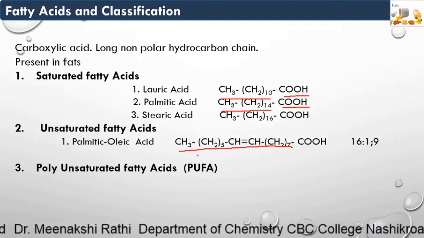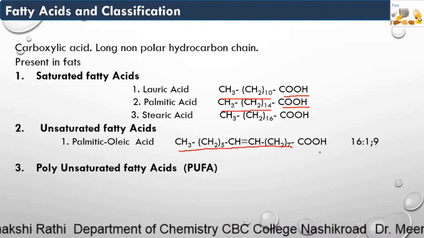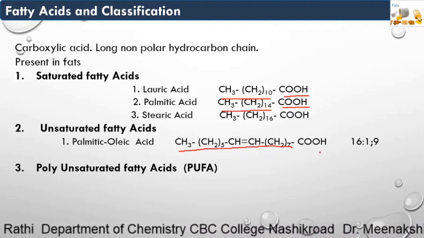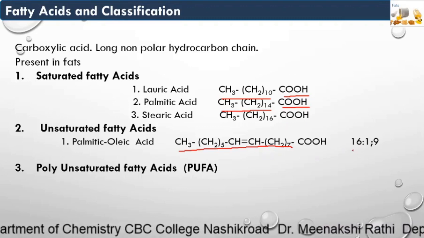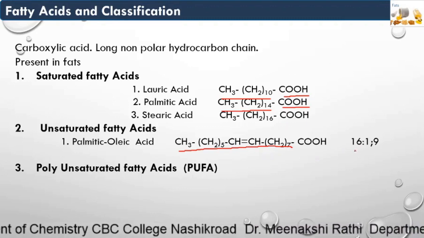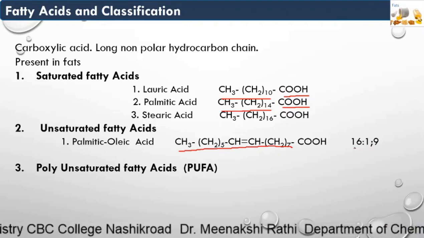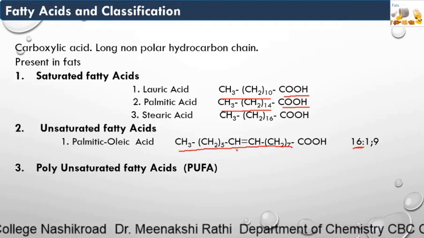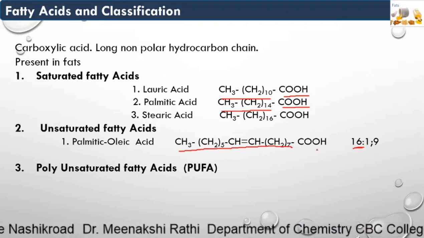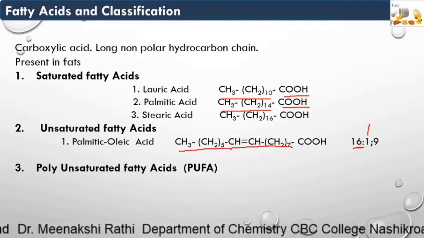Here, every time it is not possible to write down such long structures. So these fatty acids are represented like this: palmitoleic acid is represented as 16:1,9. What does 16 indicate here? Total number of carbon atoms. So there are a total of 16 carbon atoms. 1 indicates the number of double bonds.